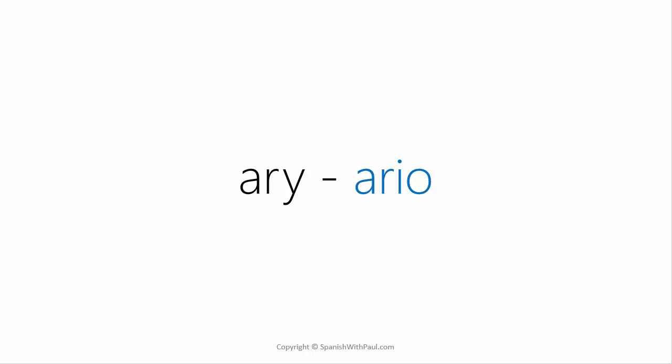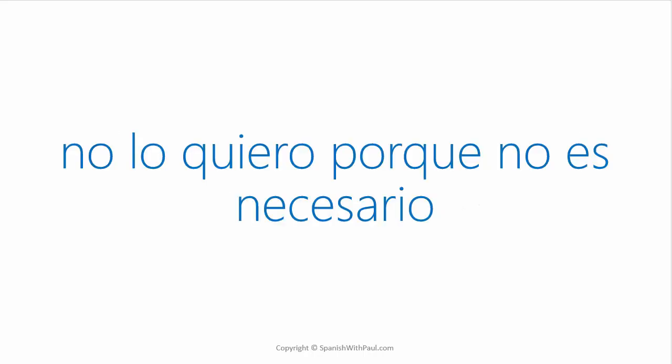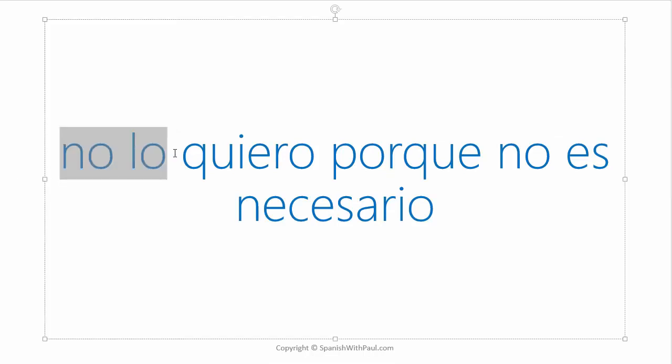So we have necesario. Try to say, I don't want it because it's not necessary. No lo quiero porque no es necesario. So here we have, I don't want it. No lo quiero because, porque, it isn't or it is not necessary. No es necesario.